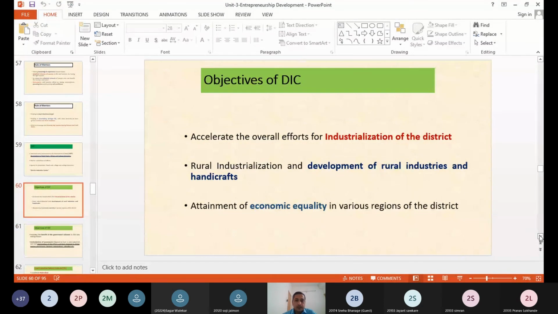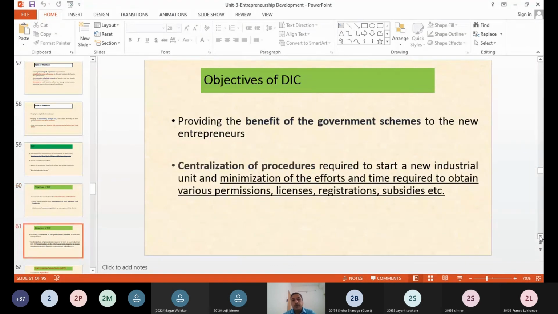The objectives of this District Industrial Center are to accelerate the overall efforts of industrialization of the district, rural industrialization and development of rural industries and handicrafts, attainment of economic equality in various regions of the district, providing the benefit of government schemes to new entrepreneurs, making the new entrepreneurs aware of different government schemes, and making the young entrepreneurs take benefit of all those schemes for setting up their businesses.